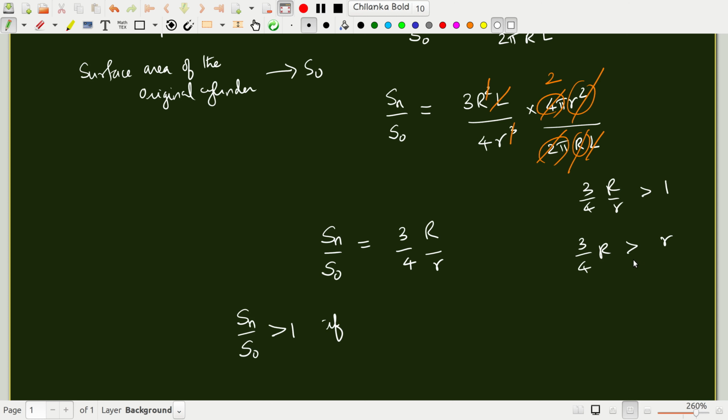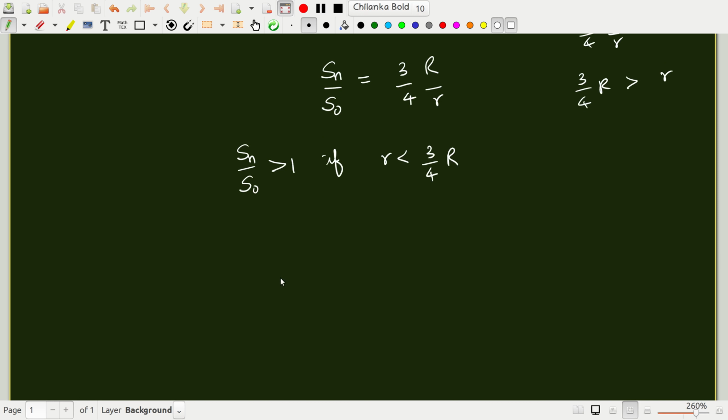So if small r is less than 3 by 4 R, then the breakup of the cylinder results in an increase in area. But most interestingly, the opposite happens if small r is greater than 3 by 4 R. Okay, there must be a slight mistake in my estimate.